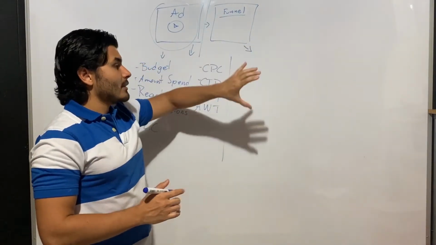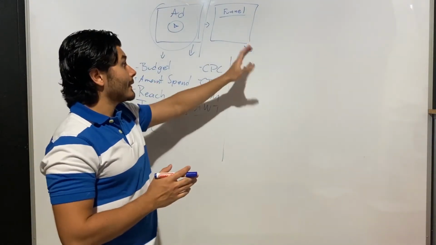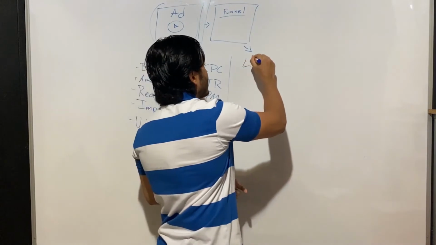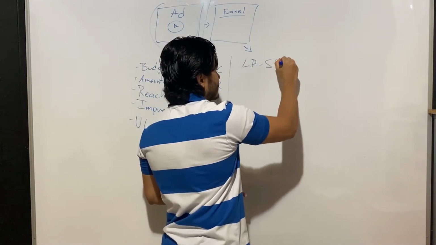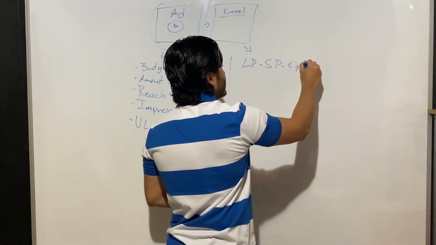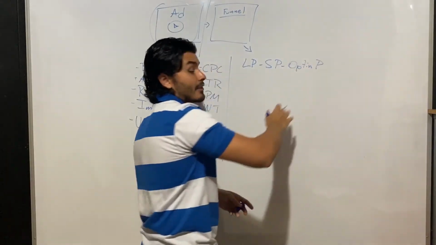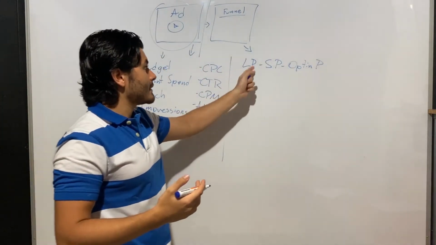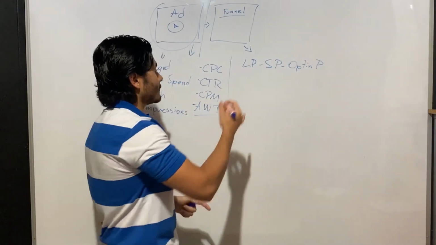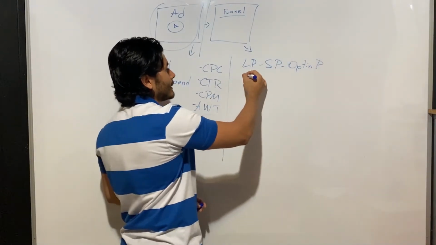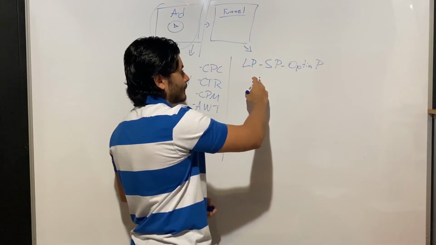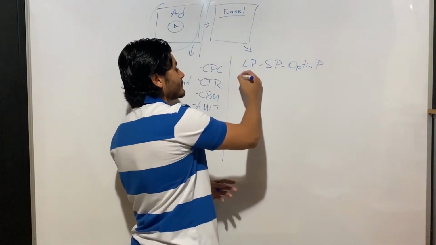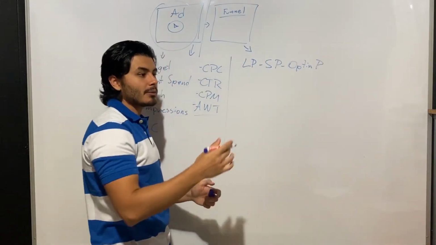We need to analyze all of the pages we have in this process: landing page, sales page, opt-in page, thank you page, etc. And why do we need to analyze every single page?